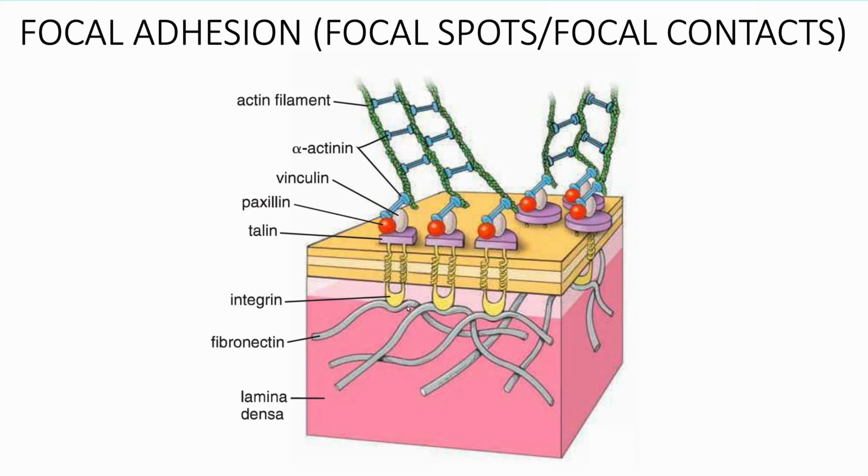These focal adhesions play a very important role in sensing and transmitting signals from the extracellular environment into the interior of the cell. They can detect contractile forces or mechanical changes in the extracellular matrix, and through the integrins these are converted into biochemical signals within the cell. This property exhibited by focal adhesions or focal contacts is known as mechanosensitivity.